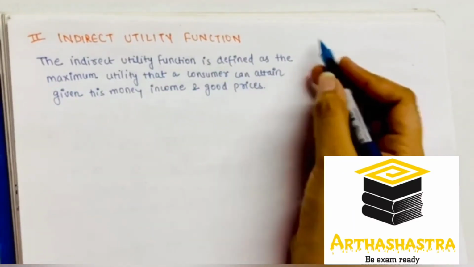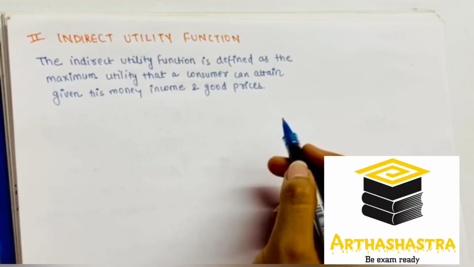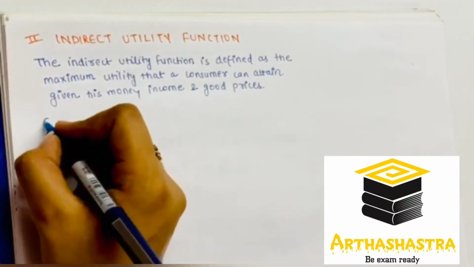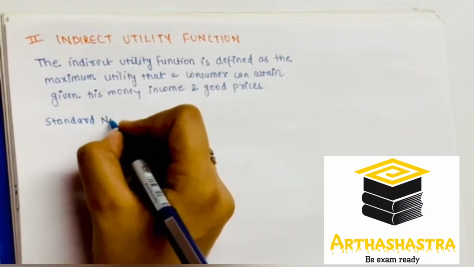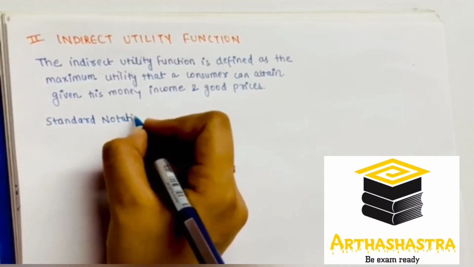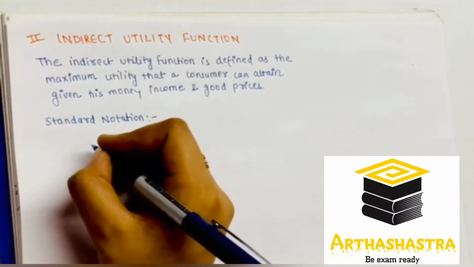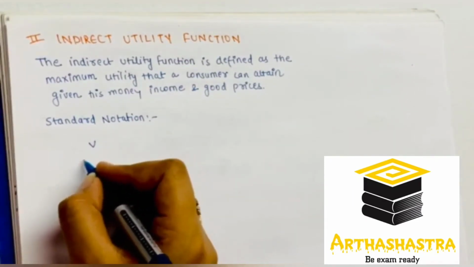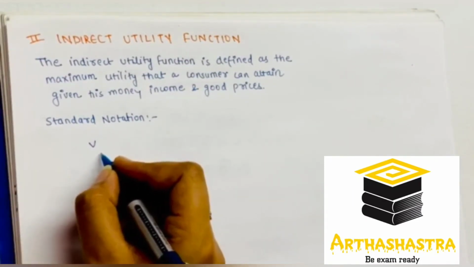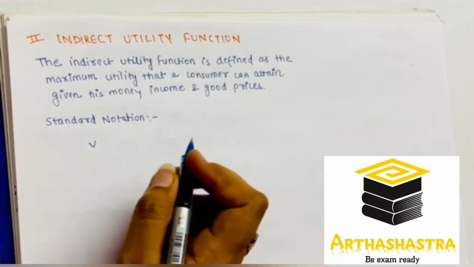You might write this definition or you can skip it as well, but the standard notation you have to write in the numerical. So what's the standard notation? The indirect utility function is V. We denote the indirect utility function by the letter V, and U stands for the utility function, V stands for the indirect utility function.